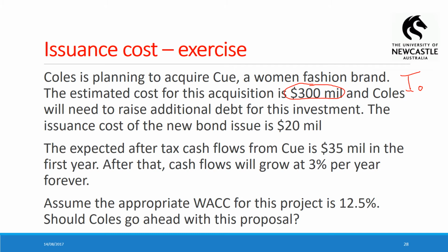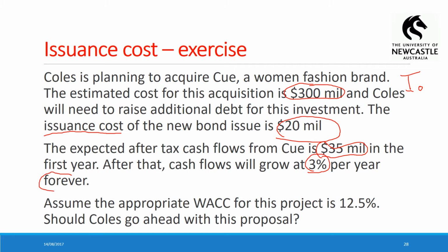To finance this acquisition, the company has to raise additional debt, and the issuance cost for this debt is $20 million. We also know some information about the cash flows of the firm. The after-tax cash flows from this acquisition are expected to be $35 million in the first year, and they grow at 3% per year forever.